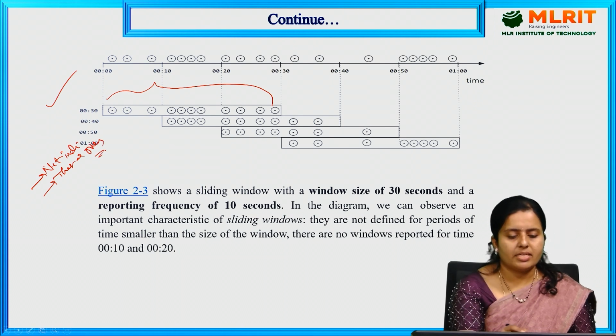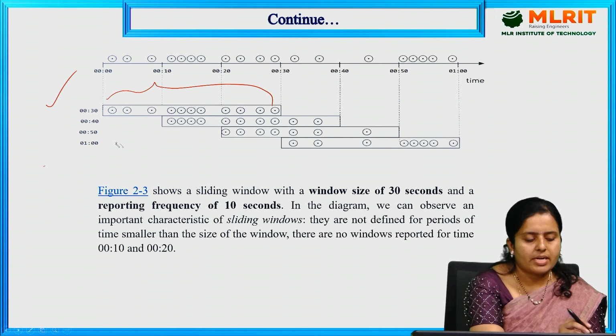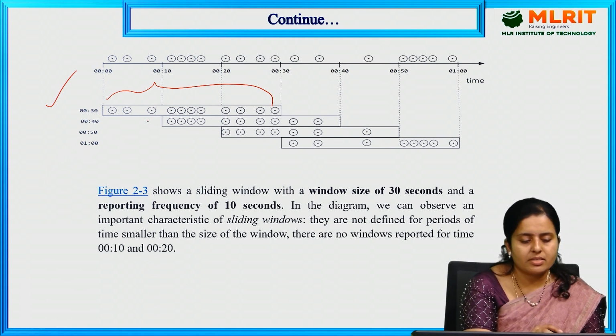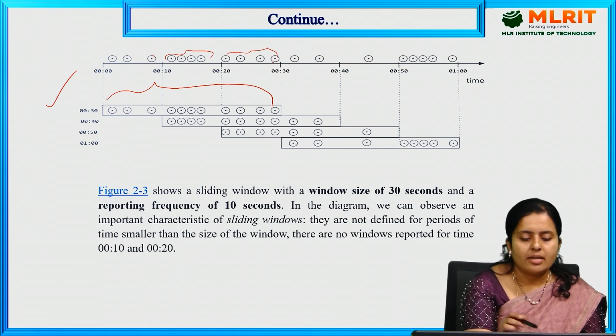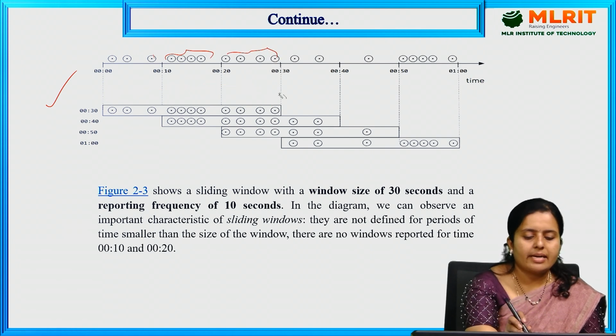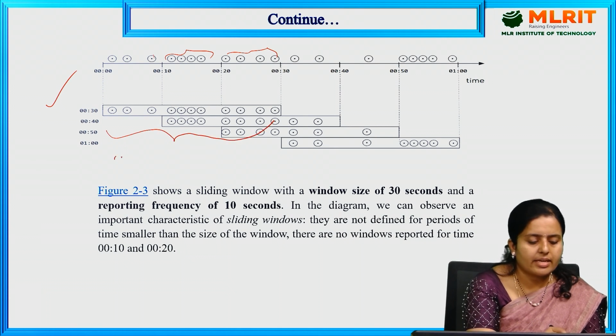If you can see here, I have divided the events for every 10 seconds. But for counting and calculating a sliding window, we need to take 30 seconds, not individual windows, which means we add 30 seconds by adding every 10 seconds.